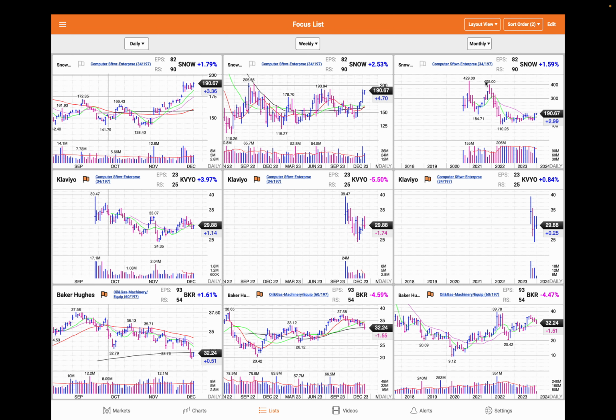Snow, this is again a turnaround story, and the weekly chart is going sideways mostly, but in the daily chart, it has a good volume after the jump, and now it's forming a kind of high tight flag. But I'm just watching what it does.